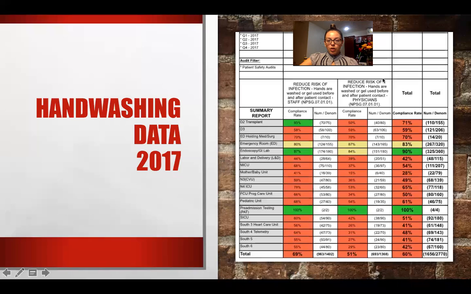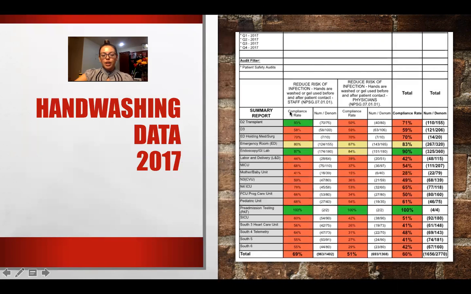So this is a report also from my unit. It's hand washing data for 2017. It's not only for my unit, as you can see, it's for all the units in the hospital. So I'm specifically focusing here on South 3 Heart Care Unit. We had a 56% compliance rate, horrible, of hand washing.